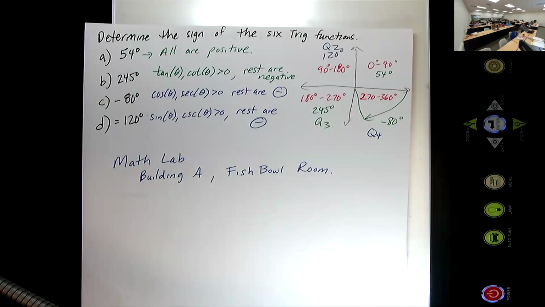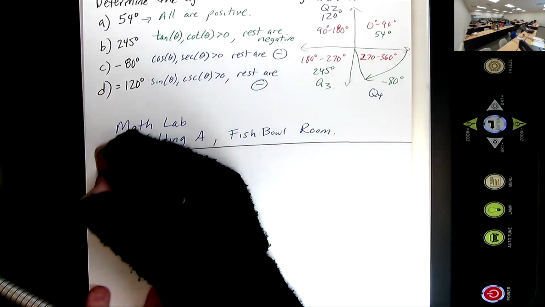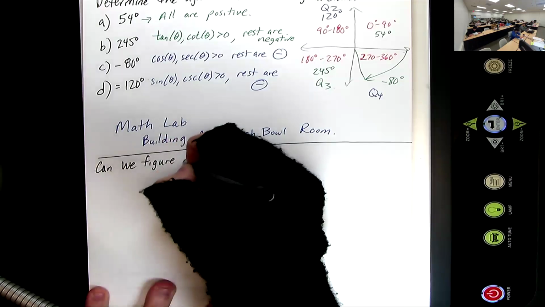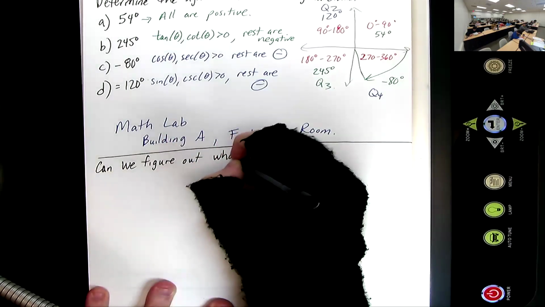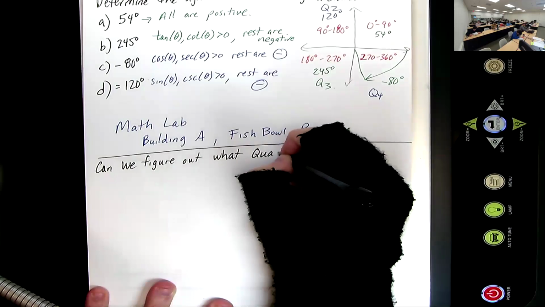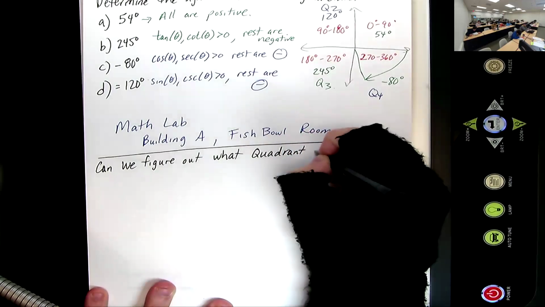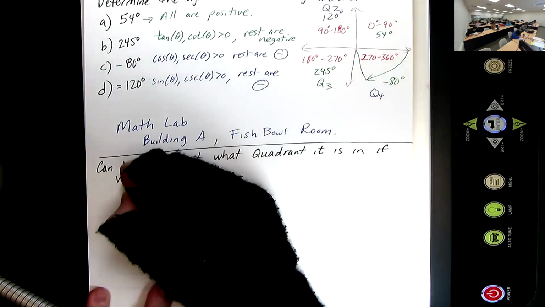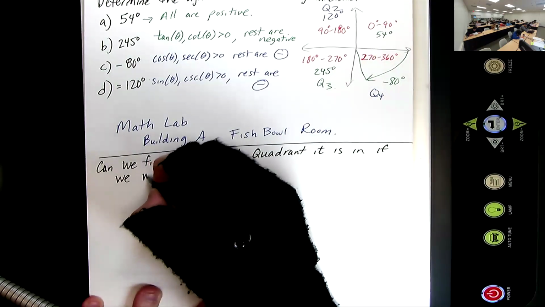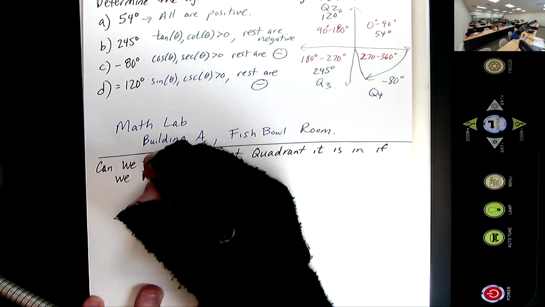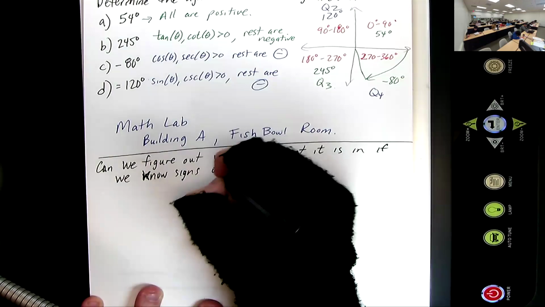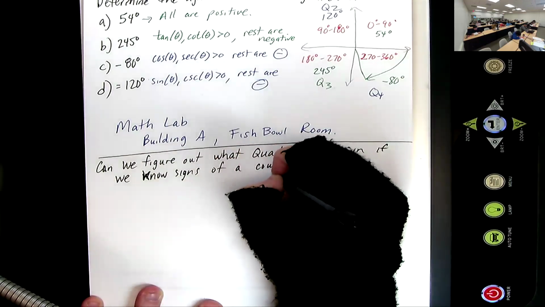Let's try and figure out something interesting. Can we figure out what quadrant something's in if we know a couple of the signs of a couple trig values?